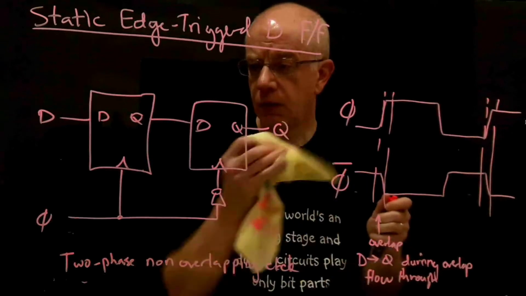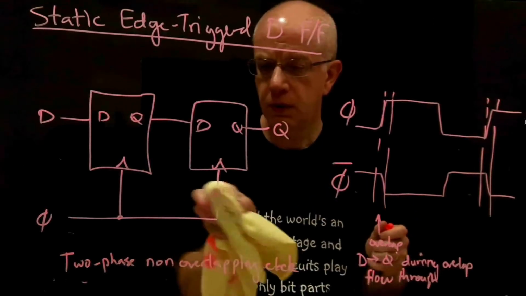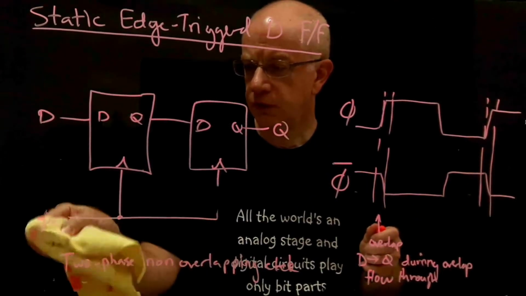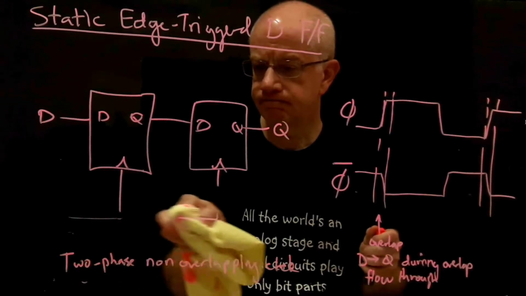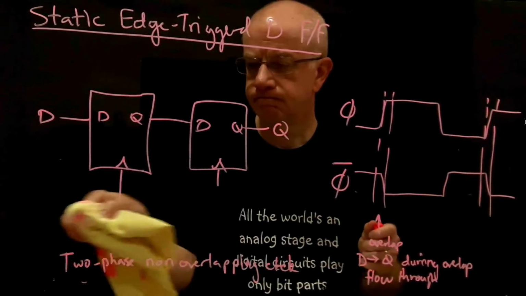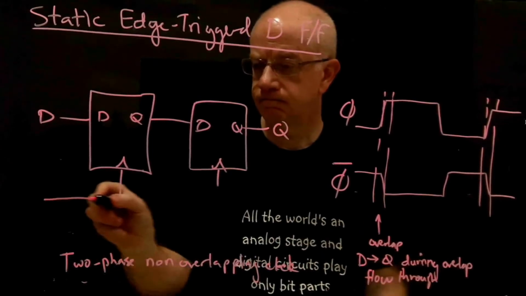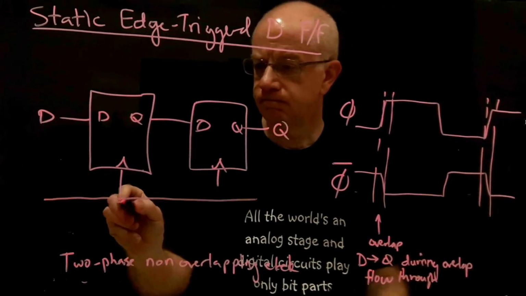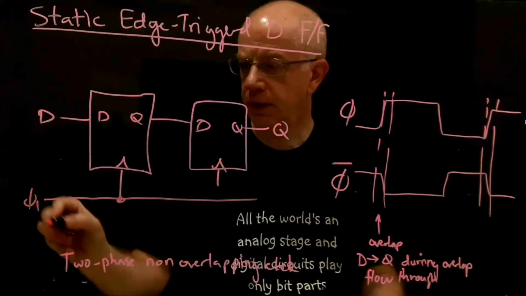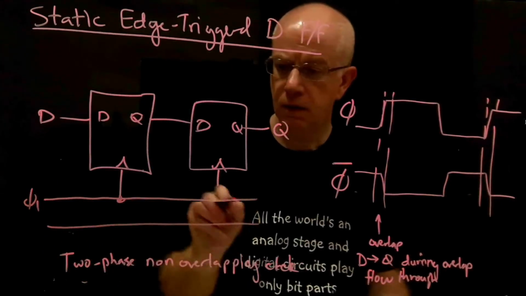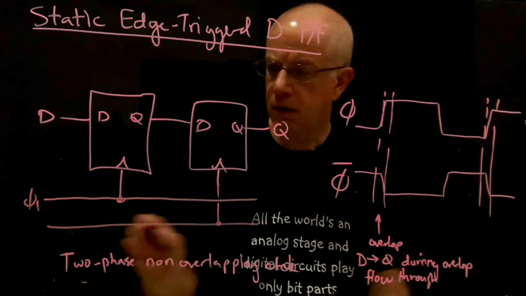And the way that that works is that we have two clock phases that we distribute. Say phi 1 and phi 2.